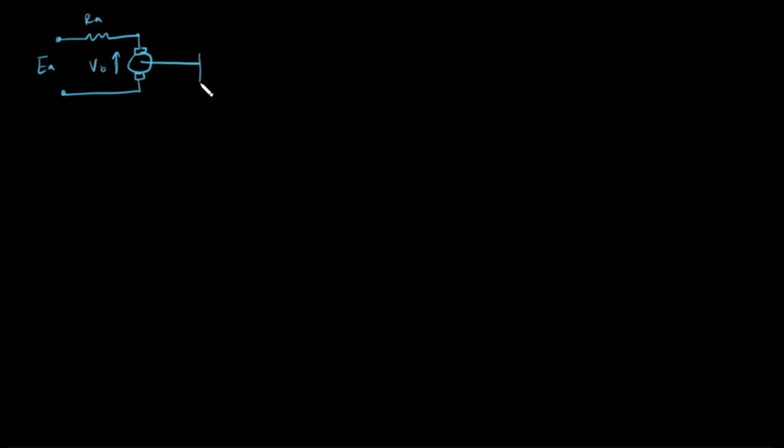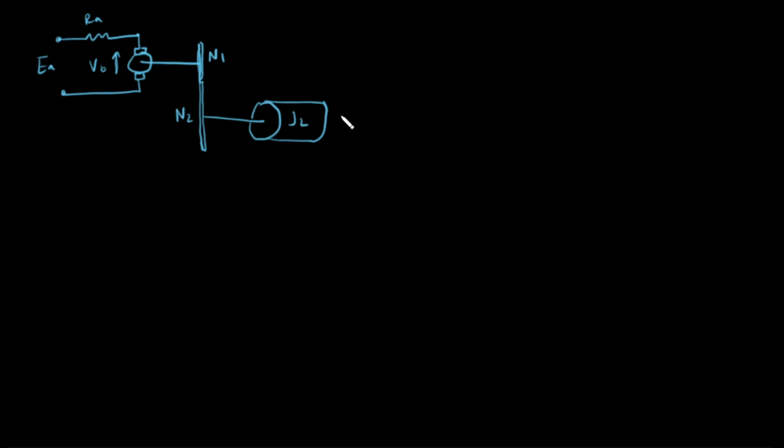And let's say that this shaft is connected to a gearbox, N1 to N2, like we saw before. And we have this connected to another shaft, which might be a gearbox with a load.